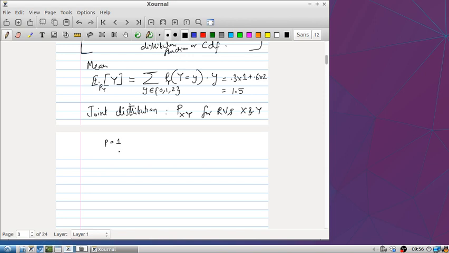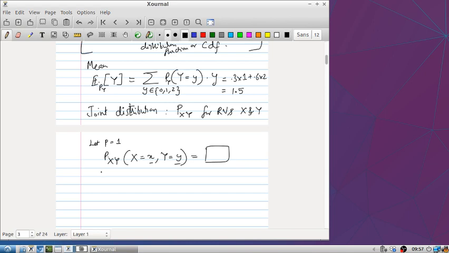So all I'm saying is that pxy is just saying what is the probability that x takes a value little x and y takes a value little y. It will give me some number. So basically, for every value that x and y can take, it will give me some number.